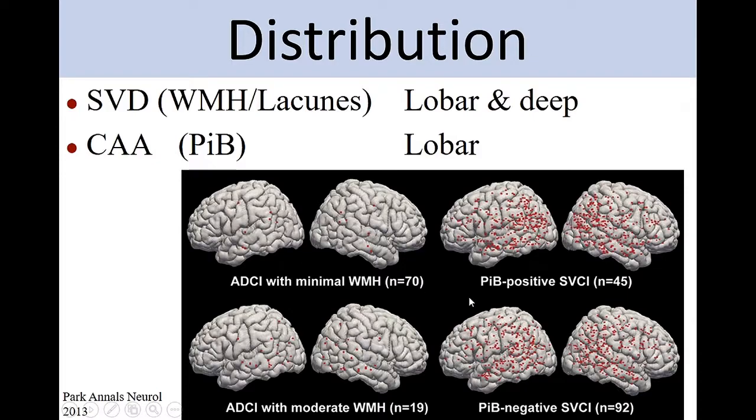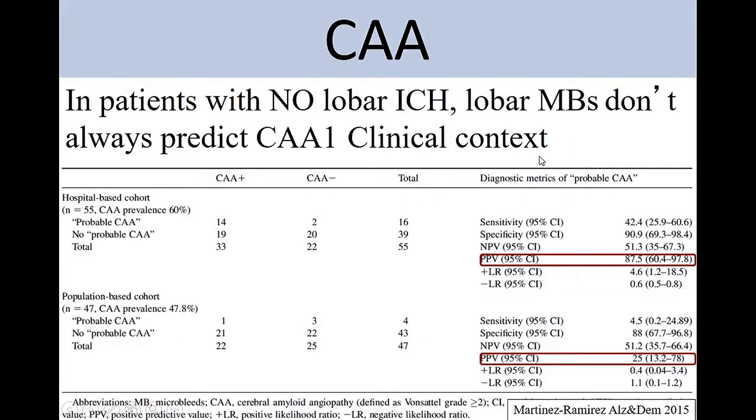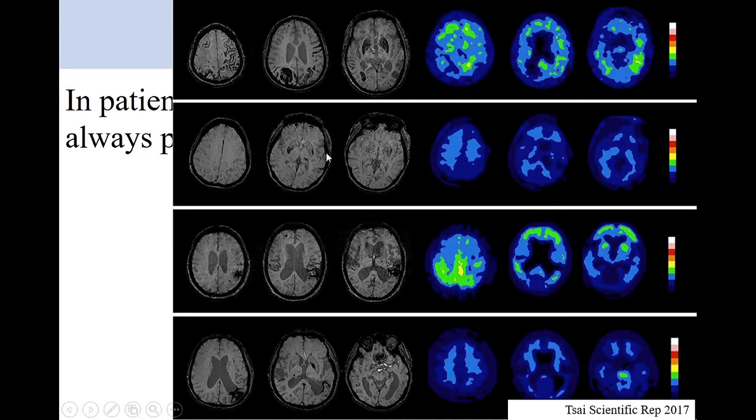And that was a PET study, and they showed that the lobar distribution relates to CAA, and the lobar and deep distribution relate to small vessel disease. And that is one other recently published work where you have all these changes which are typical for CAA: superficial siderosis, acute hemorrhage, and some microhemorrhages. So you have here PET positive, so that speaks for CAA.